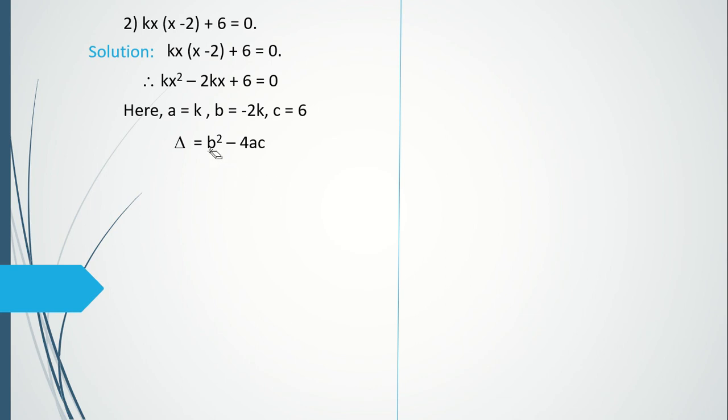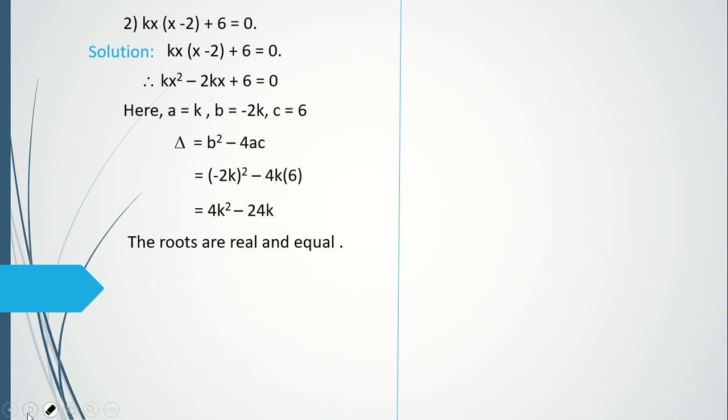So find out what is b square minus 4ac. That is going to be minus 2k square minus 4ac. Substitute in the formula. 2 square is 4k square minus 6 4s are 24, 24k.